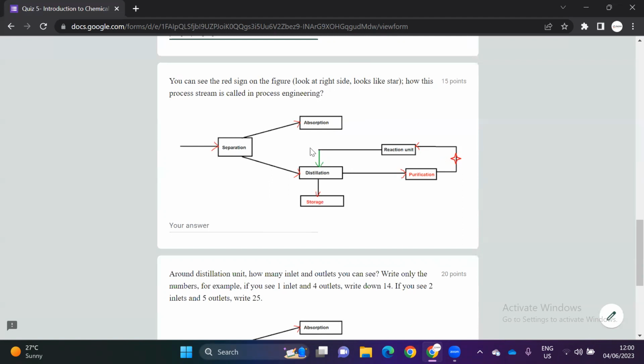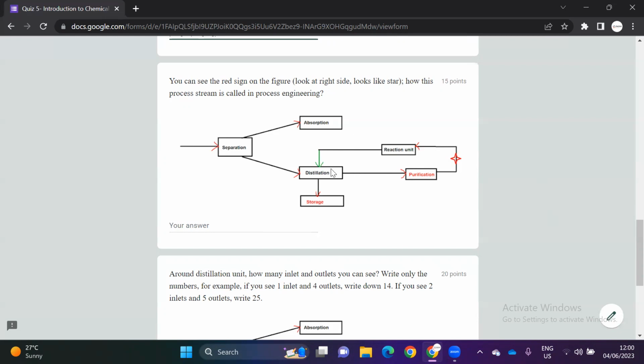First of all, let's see the distillation. We have the outlet, the purification unit is gone. After purification, it is going to the reaction unit. The reaction unit again is inlet to the distillation unit. So it means most probably outlet and inlet have a relationship. We can say that yes, they are trying to get some additional product.